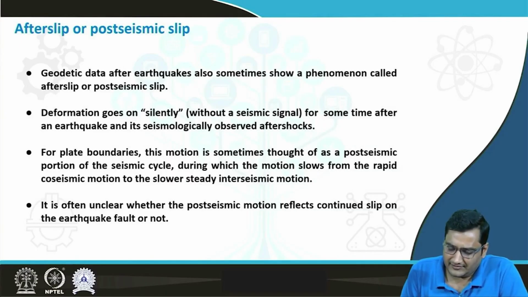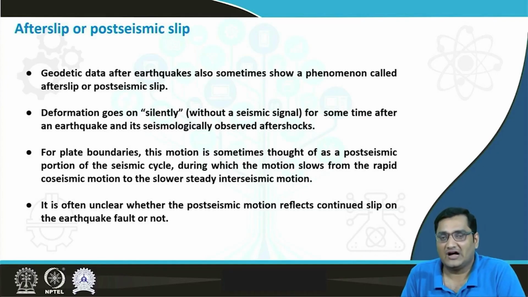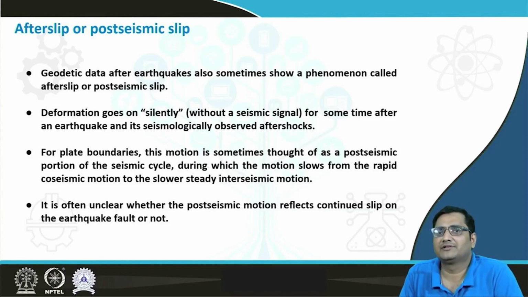Now let's understand the afterslip or the post-seismic slip. Geodetic data after earthquakes also sometimes show a phenomenon called afterslip or post-seismic slip. The deformation happens very rapidly during an earthquake.